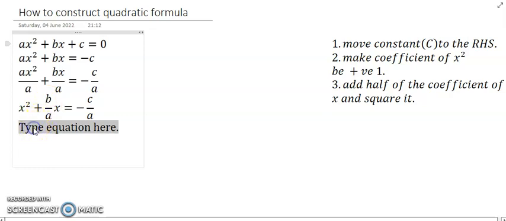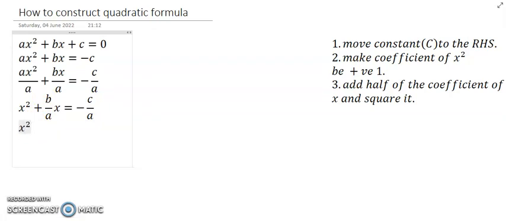Okay, let's go ahead. We will have x to the power 2 plus b over a times x itself plus that half, 1 over 2 times b over a.